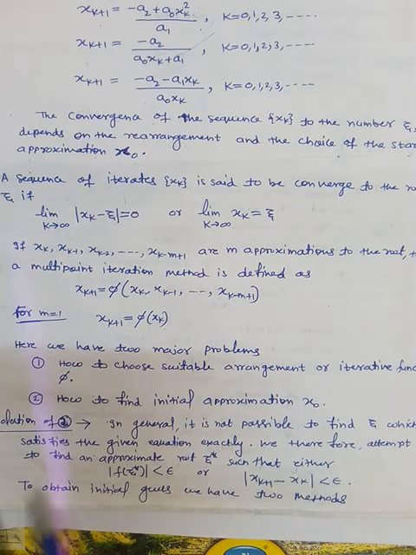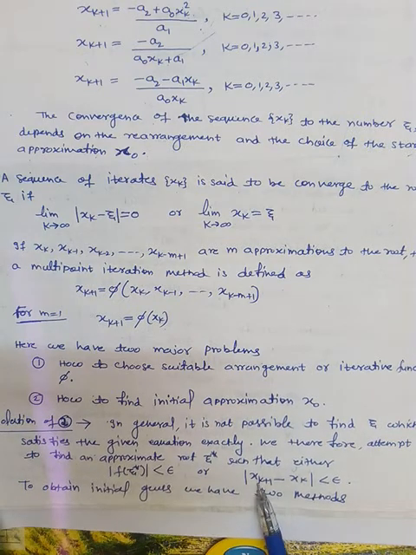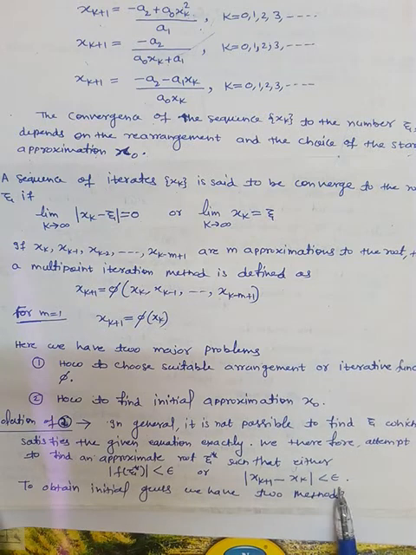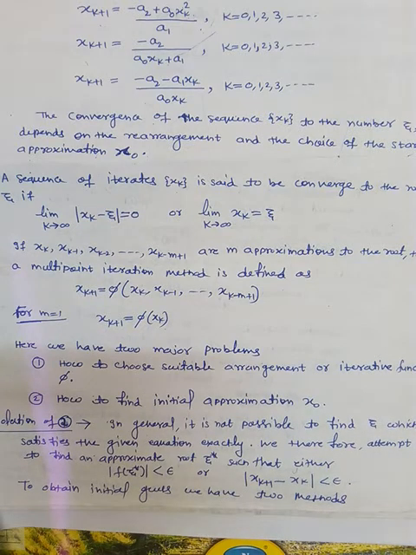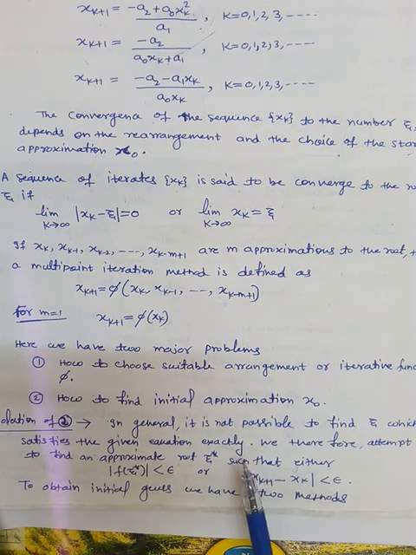We therefore attempt to find the approximate root xi star such that either the magnitude of f of xi star is less than epsilon or the magnitude of xk plus 1 minus xk is less than epsilon. इसका मतलब क्या हुआ? इसका मतलब हुआ कि जो हमें इनिशियल आइडिया निकालना है वो दो चीज़ों से निकाल सकते हैं, या जो फाइनल सॉल्यूशन आएगा xi स्टार वो दो चीज़ों से. Because if you talk about the initial guess, for that you can apply the intermediate value theorem, which you must have studied in real analysis. But how to stop?